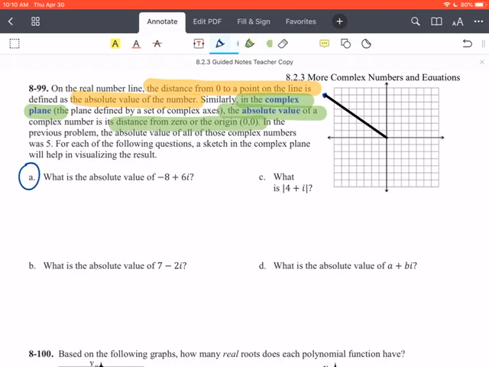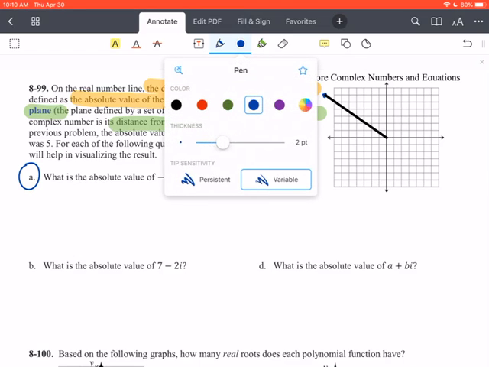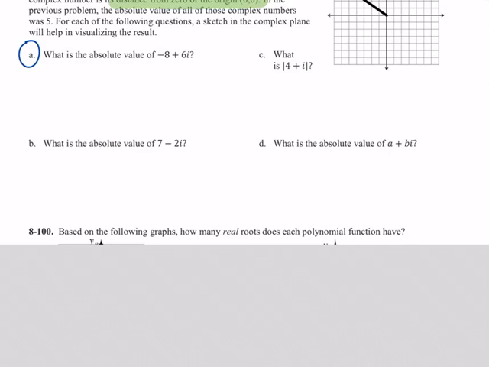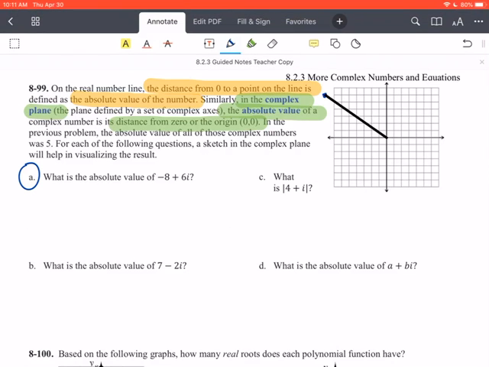Well, let's use our geometric knowledge and think about right triangles. We have to think about going over and going up. So here's my right triangle. This distance is 8. This distance is 6. So what do we do to solve for this distance right here? We have to use Pythagorean theorem.